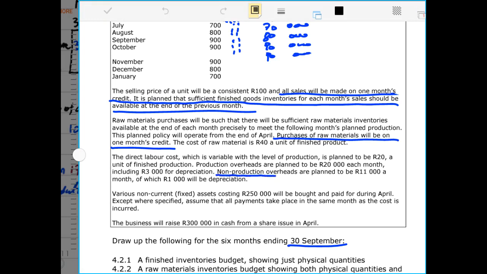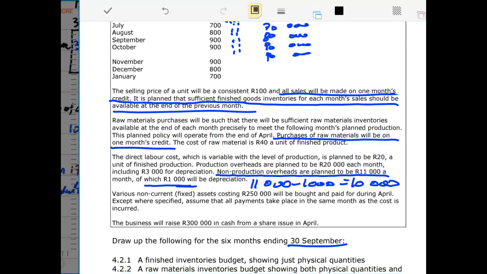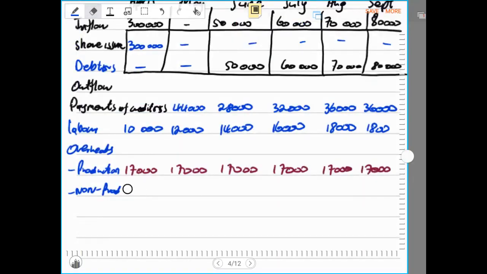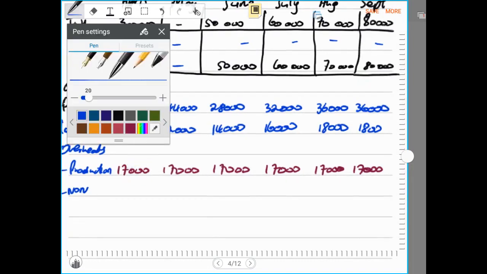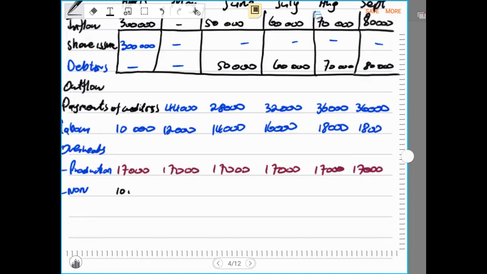It will be 11,000 less 1,000, which gives us 10,000 of non-production overheads for the rest of the months. So we record 10,000 throughout until the end.